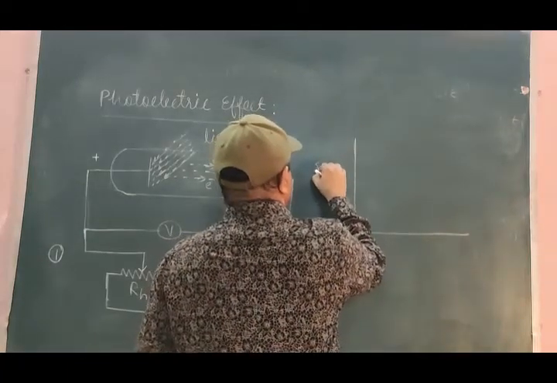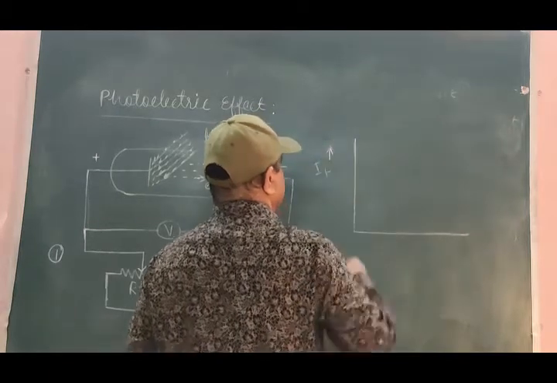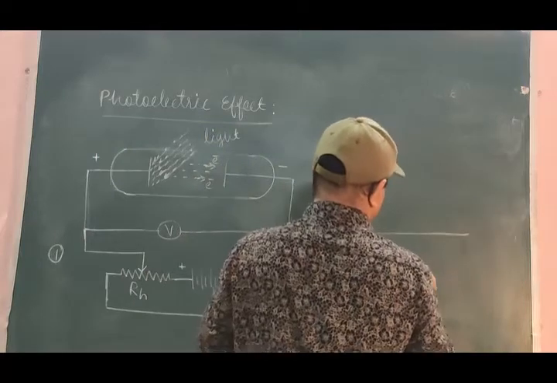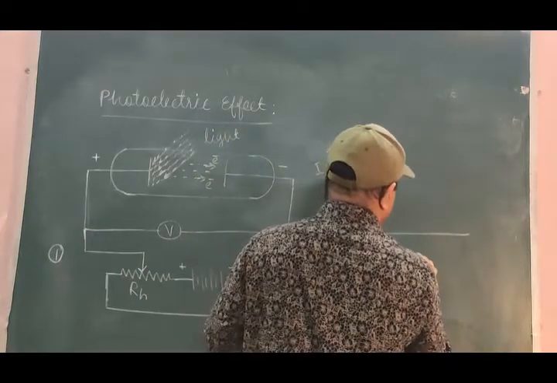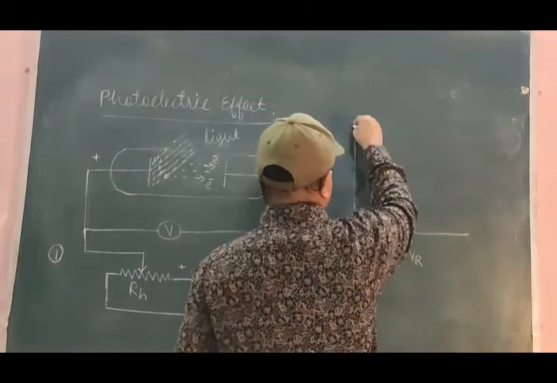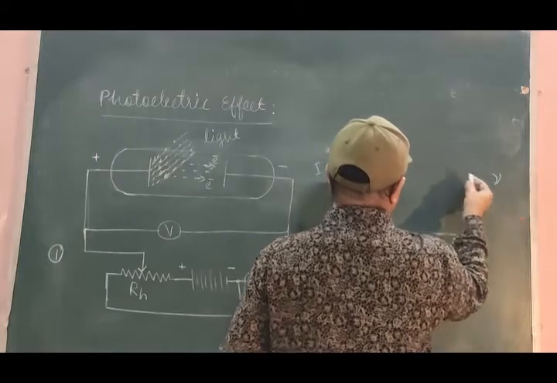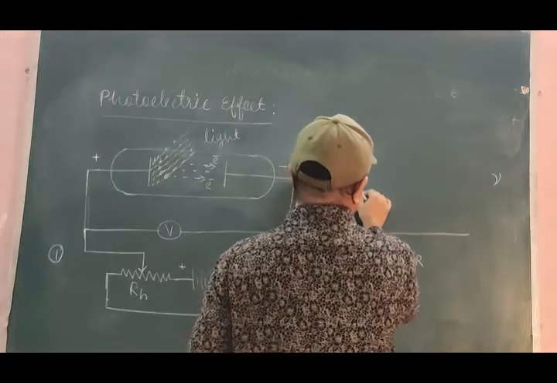We may take the photoelectric current on the y-axis. Here we may have the potential applied in reverse bias. If nu is held constant, the current will be of this type.